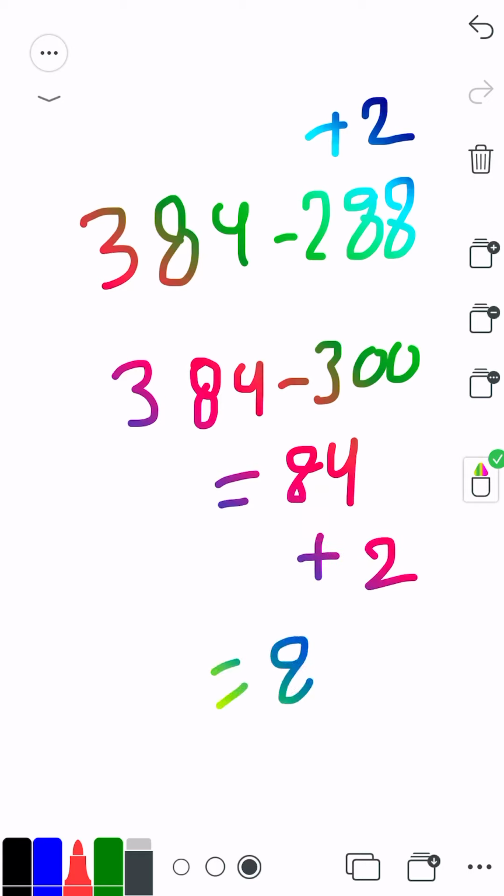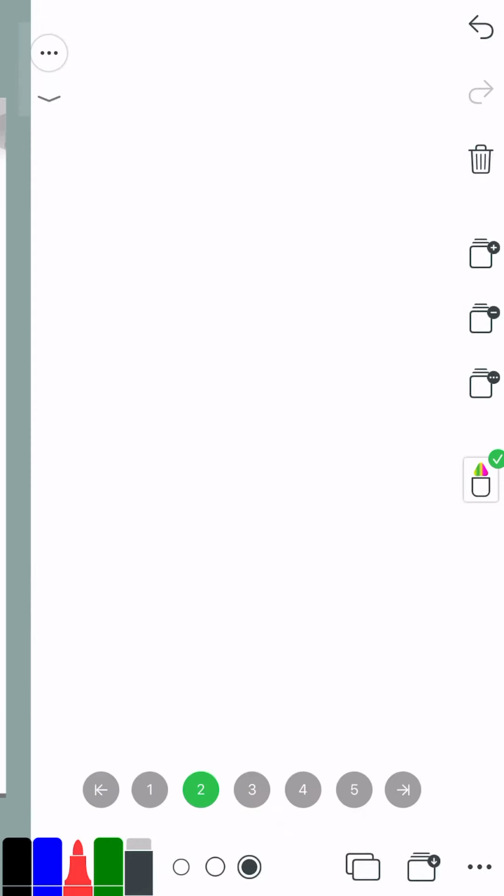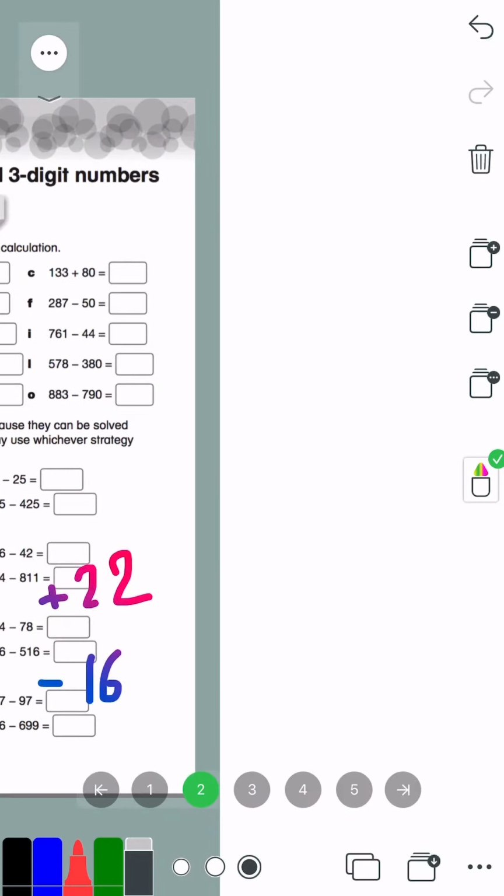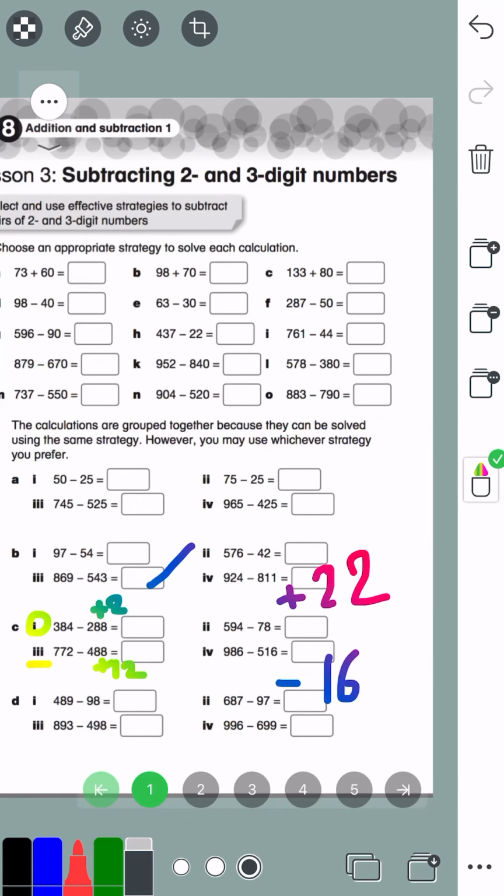That equals 86. All right, so here in the last one, we subtract 16. So 986 minus 500 equals 486. Now we subtract 16 from the answer, and that equals 70. The answer is 70.